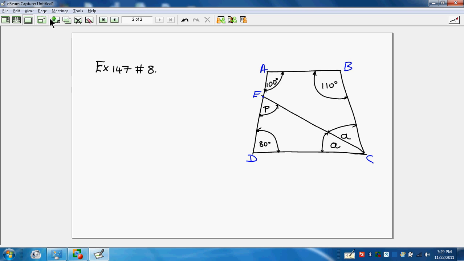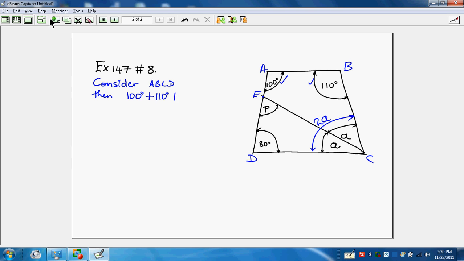Now, so therefore, if we consider A, B, C, D, right, then we could say that 100 degrees plus 110 degrees, right, so we're adding the interior angles, plus this whole angle here, which would be A plus A, or 2A degrees.